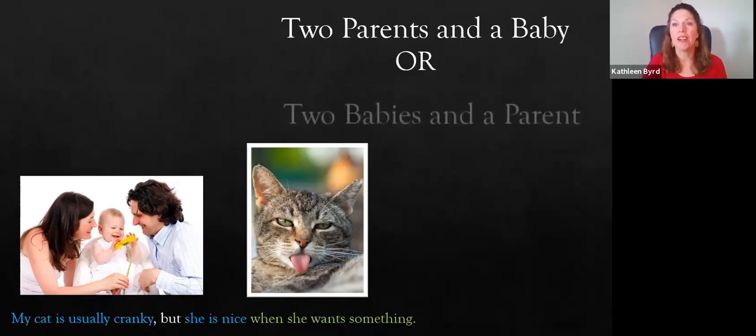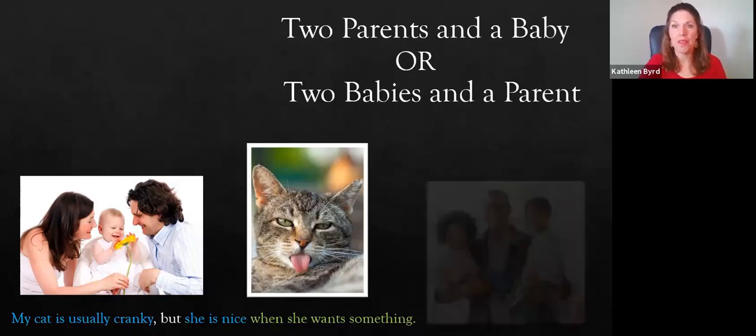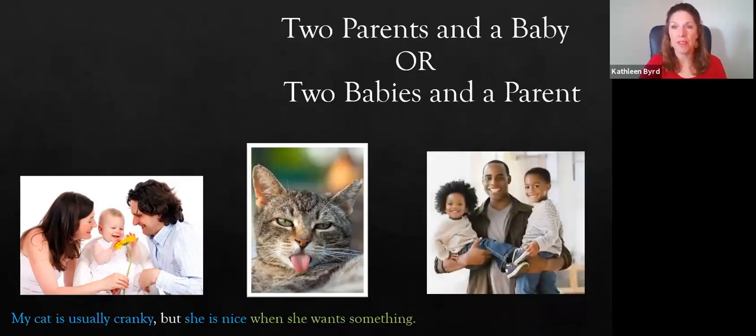Or what if we have two babies and a parent? Now notice our two babies, they both have diaper words in the front, as and when. And then in the middle, we have an independent clause.